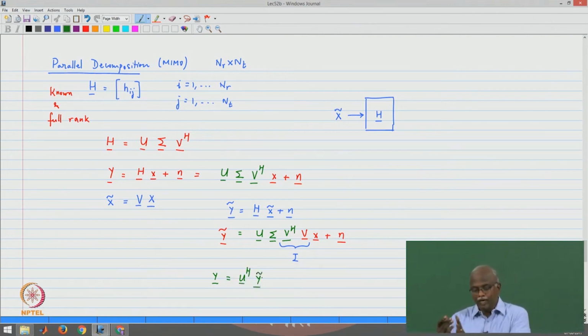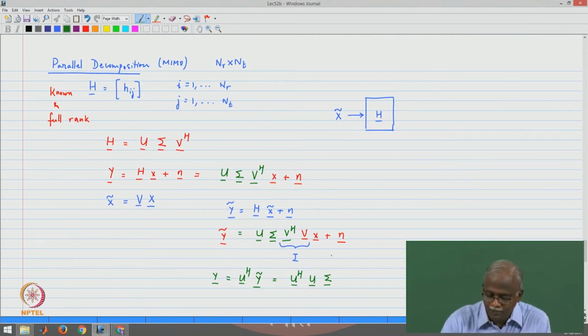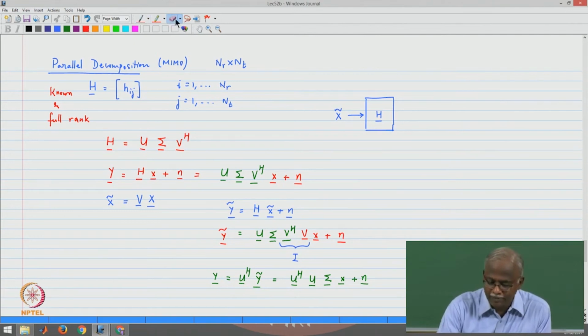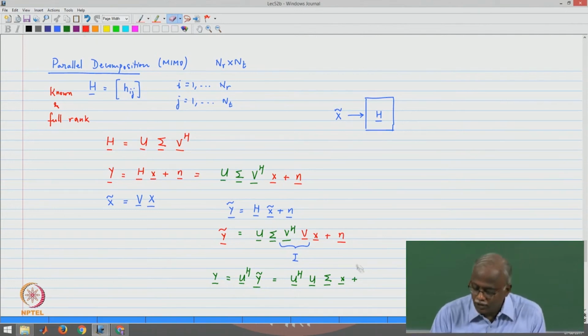So, basically I do a transformation of the received vector, then this comes out to be U Hermitian U times sigma, V Hermitian V I have already dropped, what remains is x, plus U Hermitian times n.